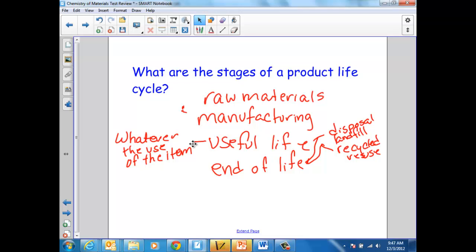Manufacturing, where's our environmental impact with manufacturing? It kind of depends on what you use to make it, like process smoke. Okay, so the waste from the actual manufacturing, so like in our case with the circuit boards, it was the copper chloride. What else happens?